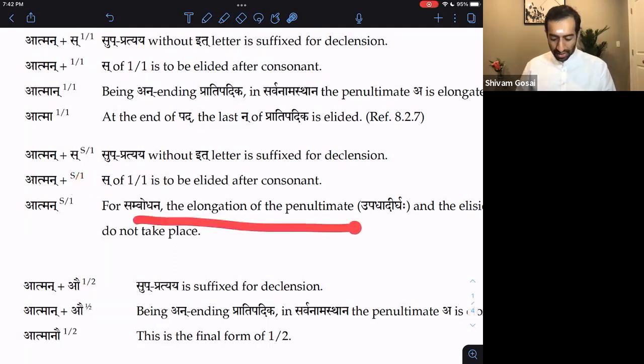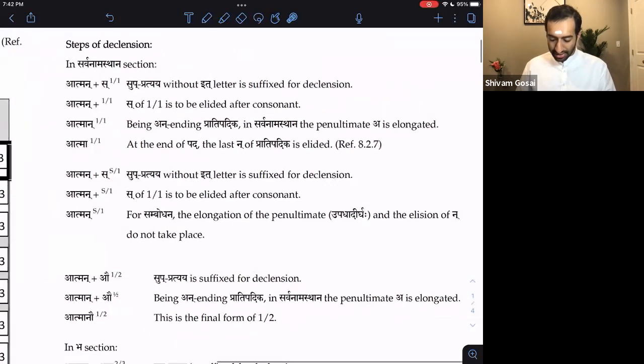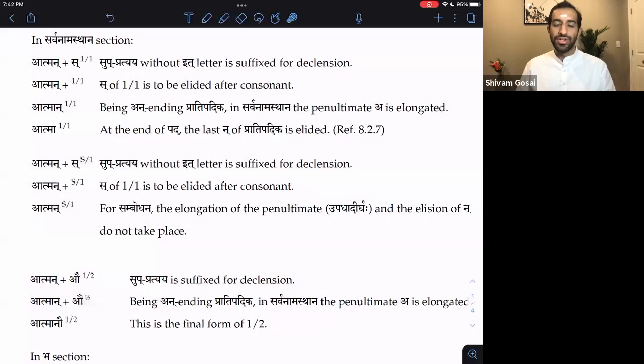But for Sambodhana, that dirgha doesn't happen. Elongation of the last letter does not happen. And that elision of nakara does not take place. Sambodhana just has special rules, which we usually apply in other places, but it doesn't always apply to Sambodhana. Okay, so just Atman, which is nice. It's just the Pratipadika. Okay, so hey Atman.